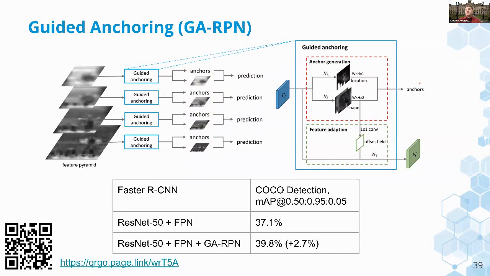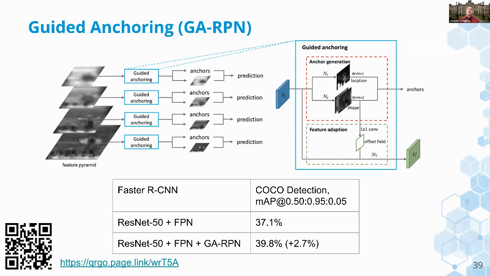And then we may use these dynamically generated anchors in our RPN algorithm to classify them and to adjust their location. But before we can use these anchors, we need to solve one principal problem.